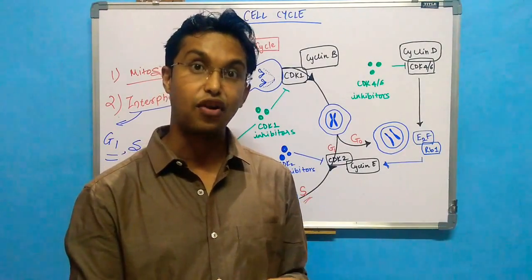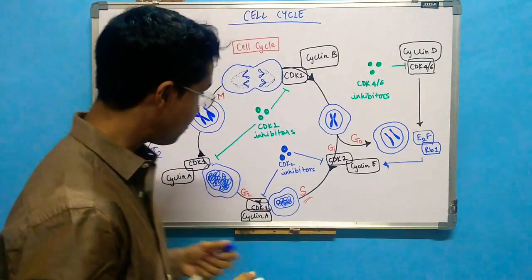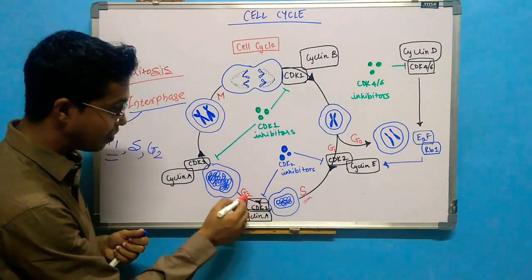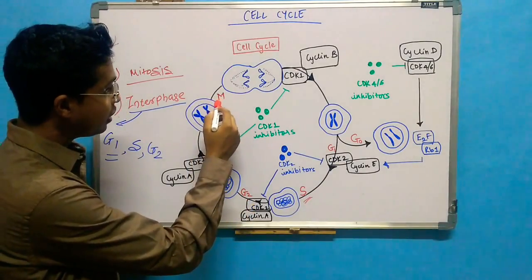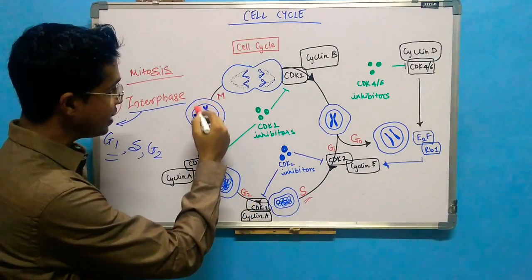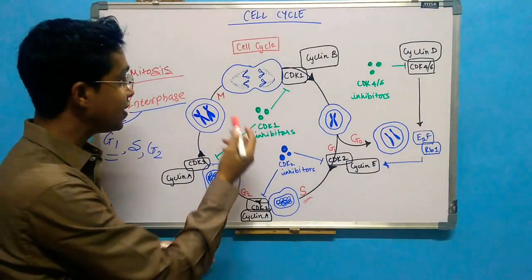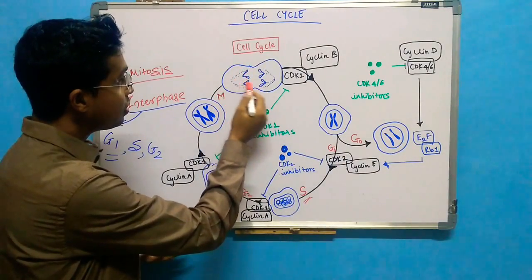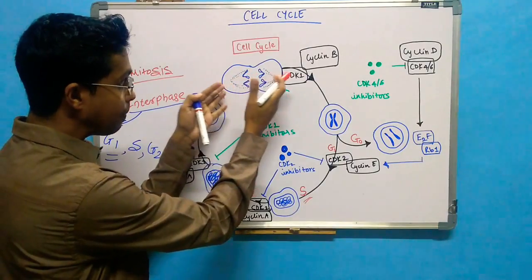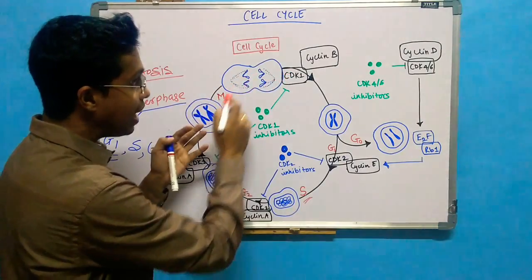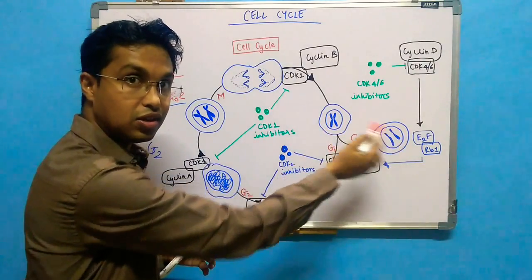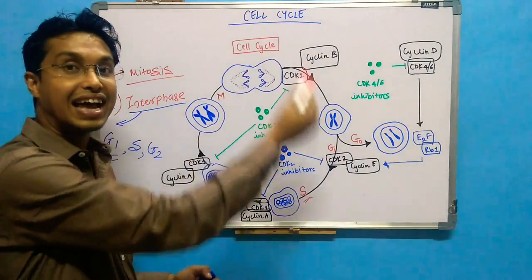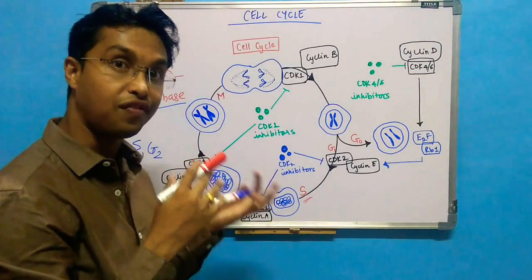From G2 phase, it will be directed to M phase, which is the mitosis phase. In mitosis, separation of chromosomes will occur and two daughter cells will be produced. Okay, so this is how the cell cycle works in terms of phases.